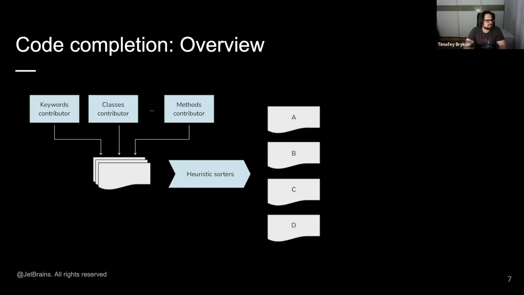We also use statistics of previous selections, the lengths of the suggested item, and so on. I guess for Java, we have the most completion sorters implemented. It may be a dozen of them, and they work in a chain, one after another, re-ranking the list one after another.